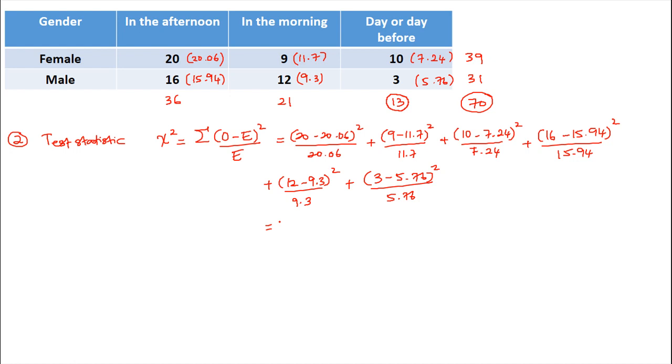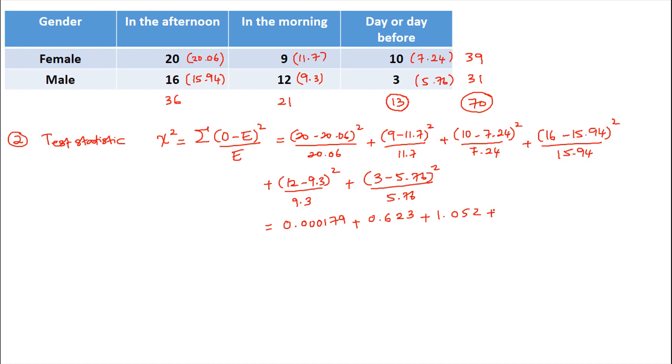Alright, so you have to simplify each term. 20 minus 20.06 square, then divide by 20.06 is 0.000179123, plus 9 minus 11.7 square, then divide by 11.7, so this is 0.623, plus next is 10 minus 7.24 square, divide by 7.24, so this is 1.052.